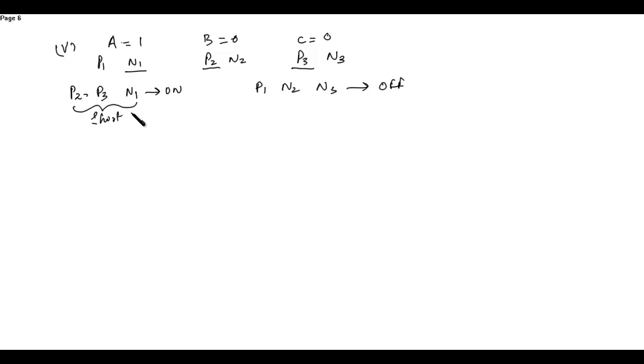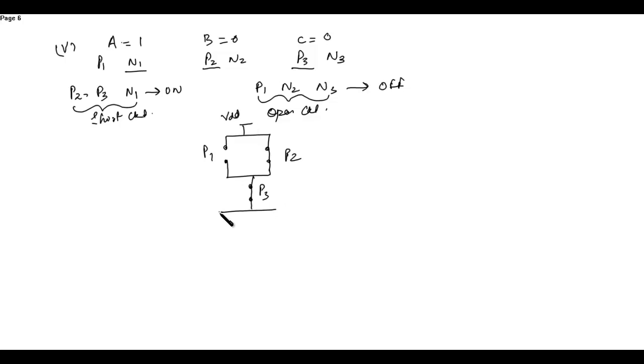So this is again represented by short circuit, and this is represented by open circuit. So now, short circuit means P1 is open, so this is open. P2 and P3 are shorted. So this is P3, this is P2, and this is VDD.